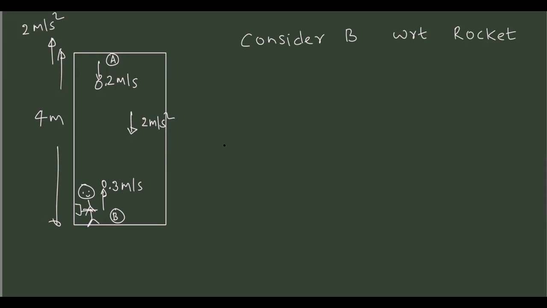Now, if I use the kinematic equation, I'll take the upward direction as positive. Then v square minus initial velocity square is equal to 2a into displacement, where delta x is in the upward direction.